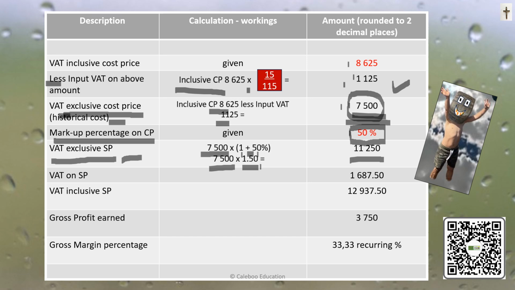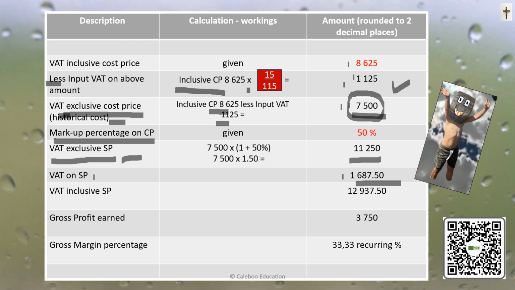7,500 multiplied by 1.5 is equal to 11,250. Next, what is the VAT on the selling price? How do we get 1,687.5?